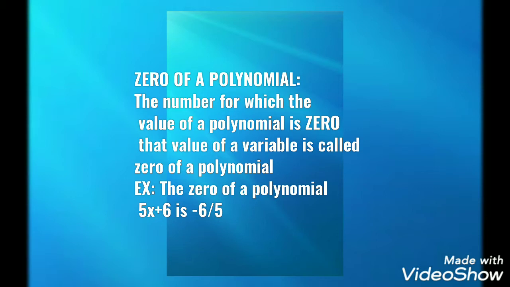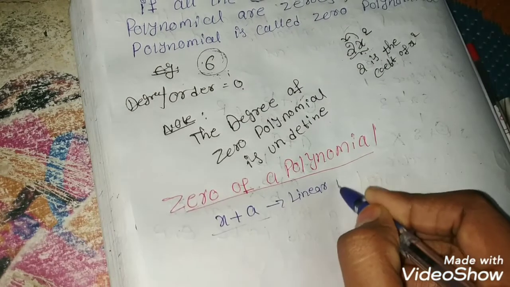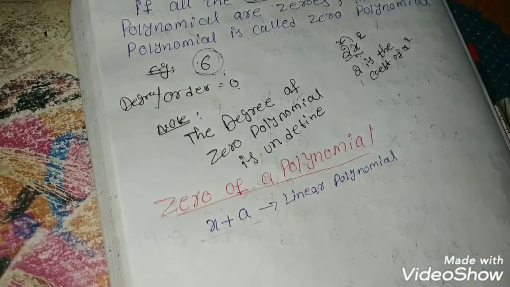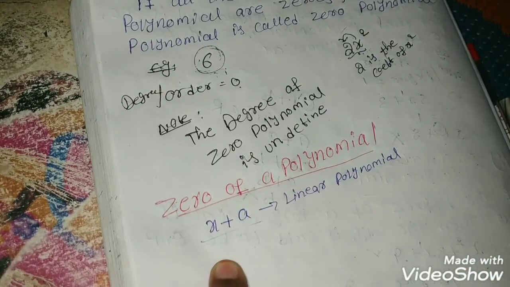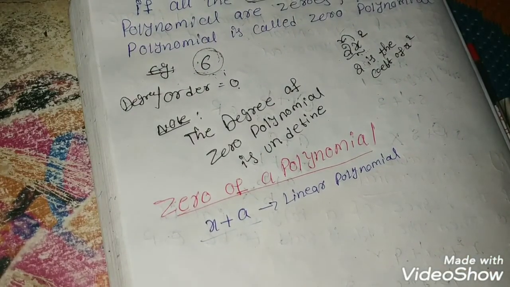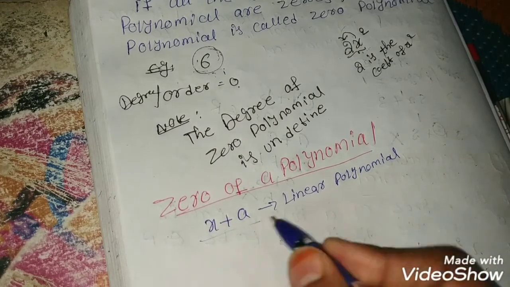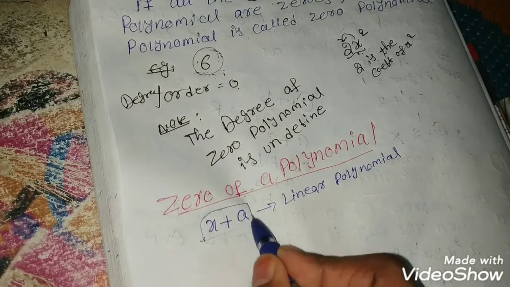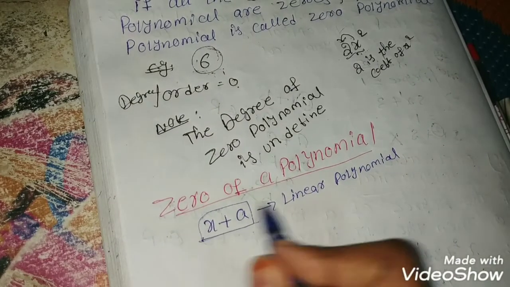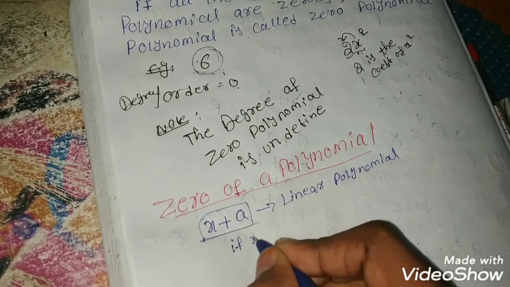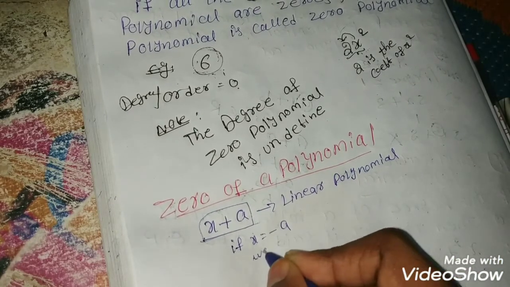Linear polynomial. We need to make this linear polynomial equal to 0. Don't you understand? We should make this linear polynomial 0. What should we do at that time? Simple. If x is equal to minus a, we get 0.